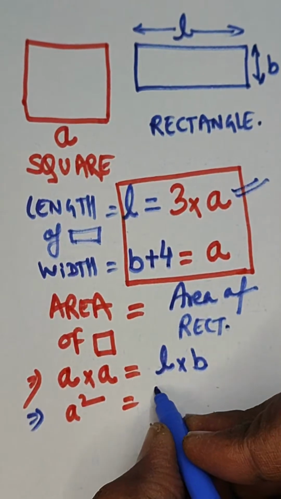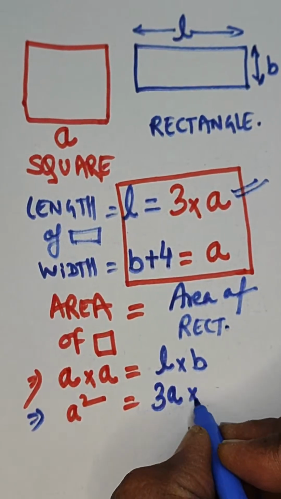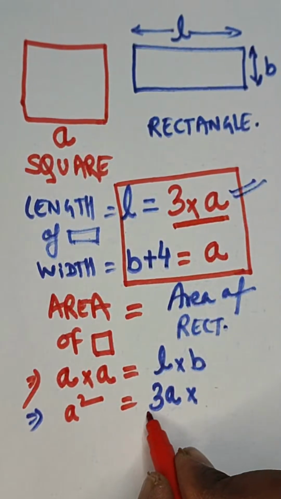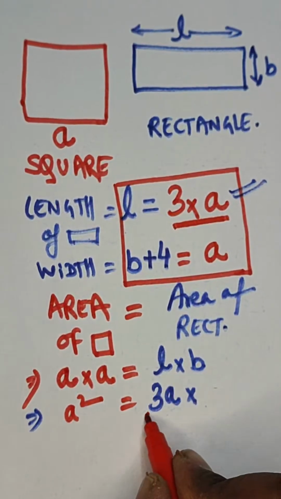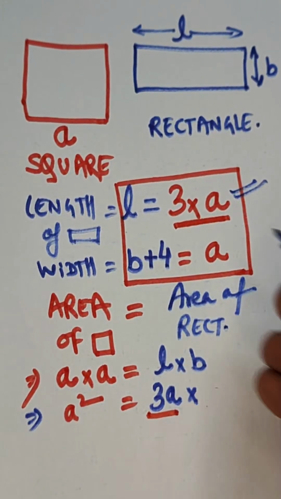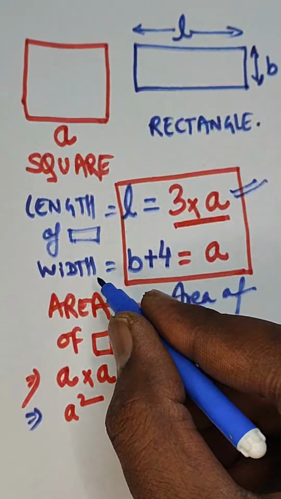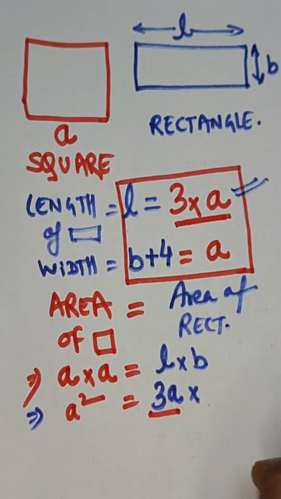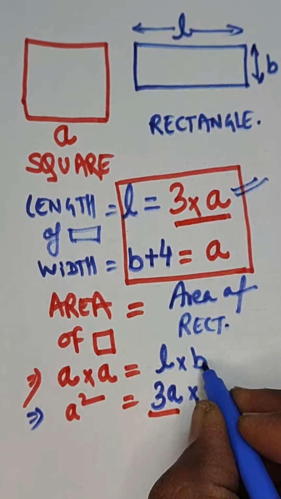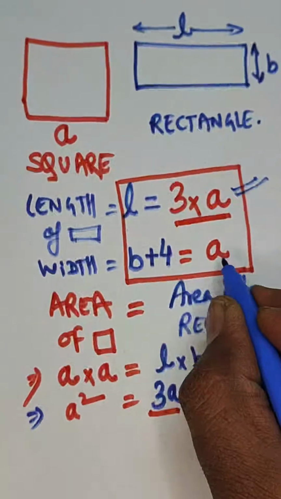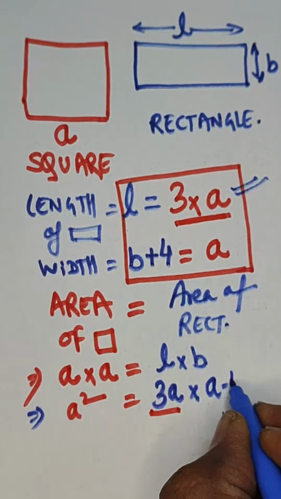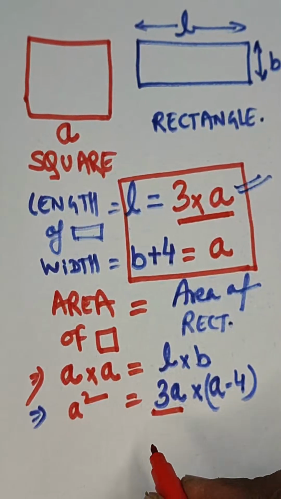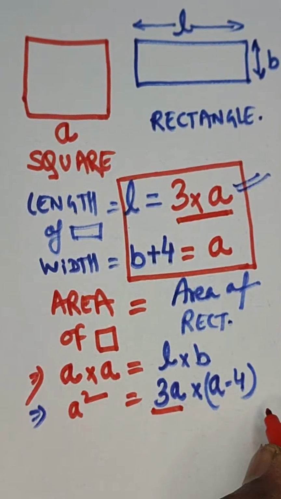So instead of L just write 3a, and from here we can see the relation for the breadth, that b plus 4 is a. Then instead of b just write a minus 4, isn't it? This will give you a single quadratic equation in the form of a.